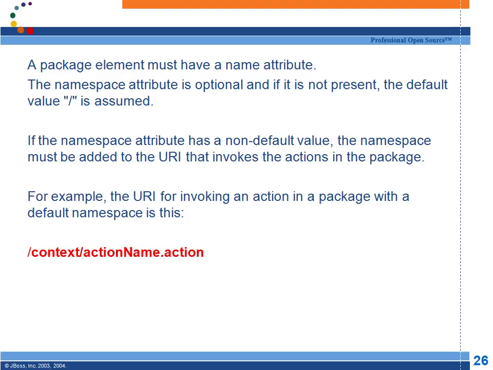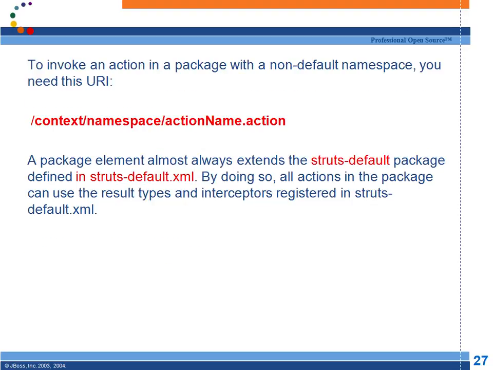If I have given a namespace, to invoke an action present in a non-default namespace, you can do it like this: application name slash namespace slash action name dot action.